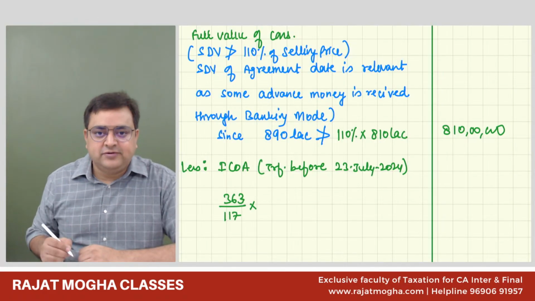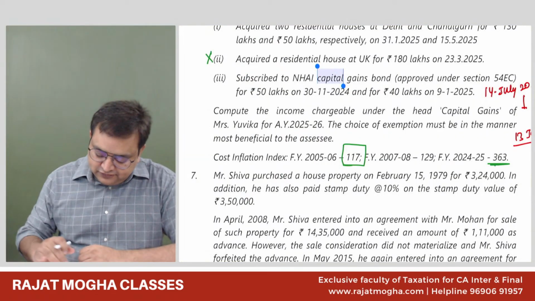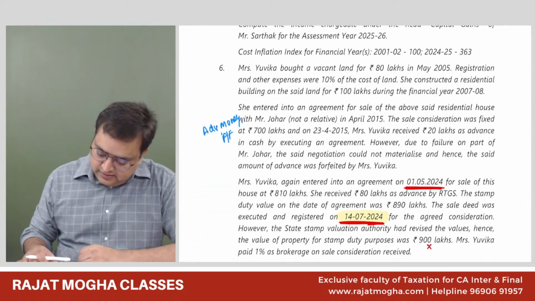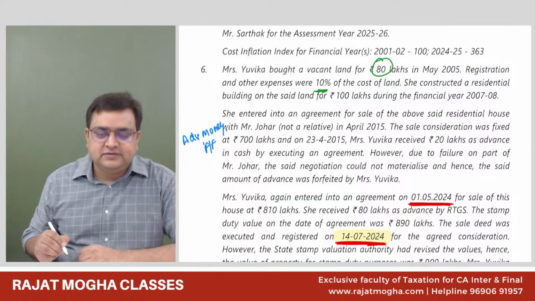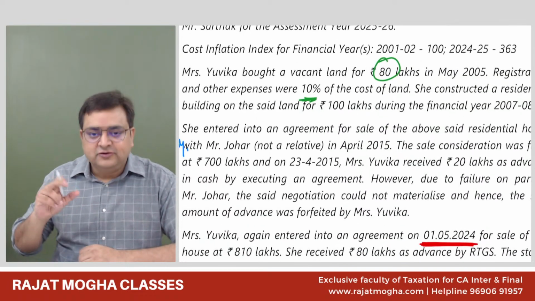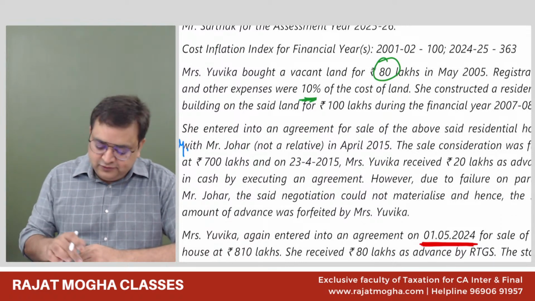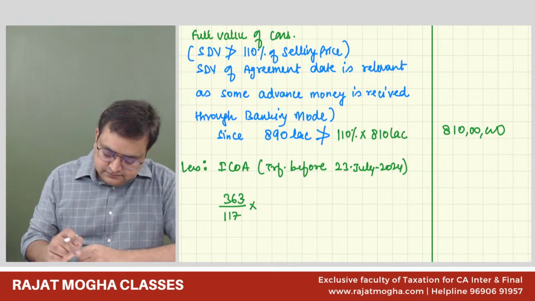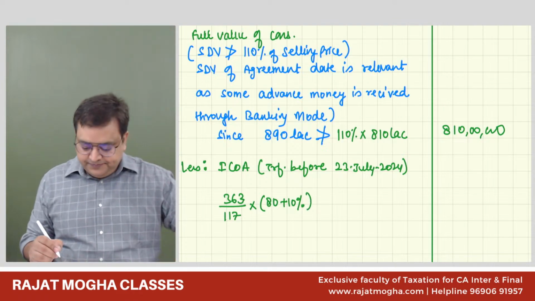into cost of acquisition. We have acquired it at the cost of 80 lakh, plus 10%, because at the time of acquisition we incurred these expenses. So 10% also will be added. So it would be 88 lakh.